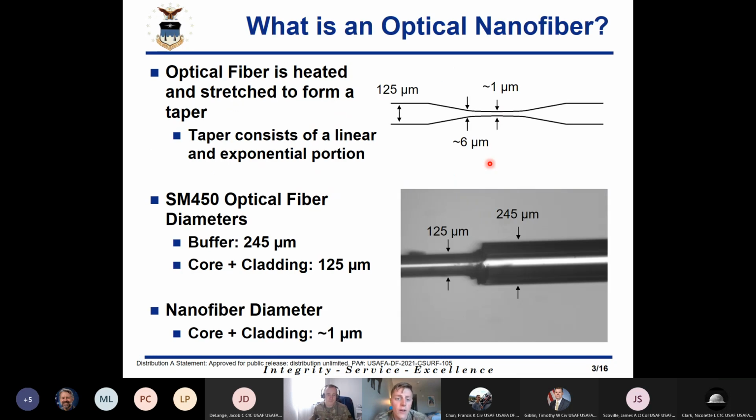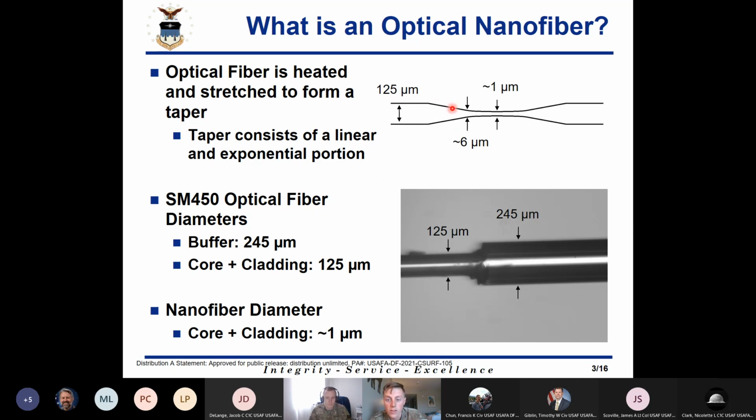So what is an optical nanofiber? An optical fiber is basically just heated and stretched to form a taper region. As you stretch it apart, the middle section gets thinner, and there are some special ways we do that stretching so it's predictable. This taper region consists of a linear and an exponential portion. We start at about 125 micrometer diameter, which is the core and cladding of an optical fiber.